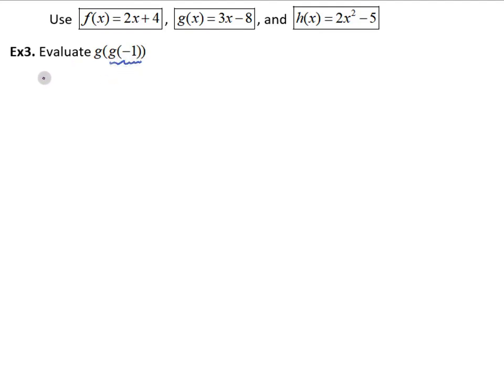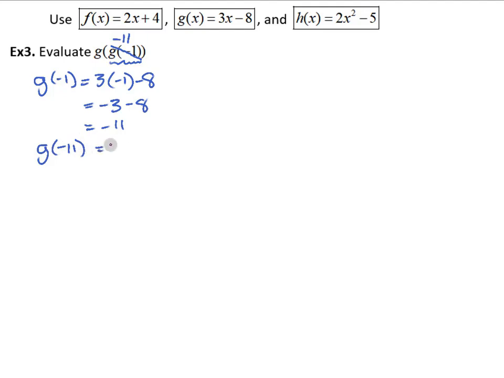We're going to start with the innermost function, g of negative 1. So that's 3 times negative 1 minus 8. That gives us negative 3 minus 8 more, or negative 11. Our innermost function evaluated to negative 11, and that's what we're going to plug into the outermost function. It just happens to be g again.